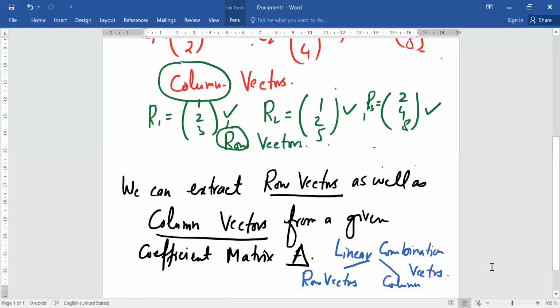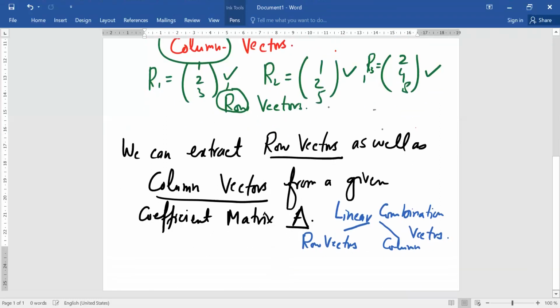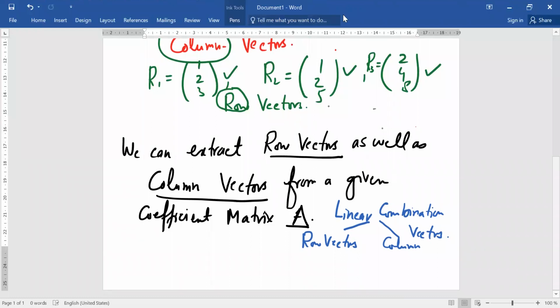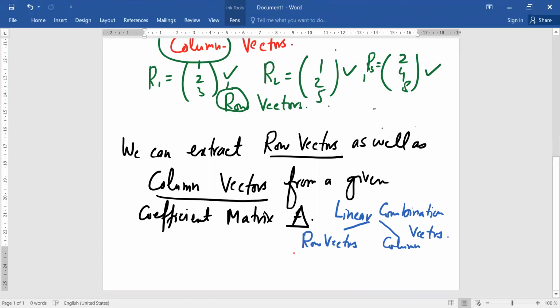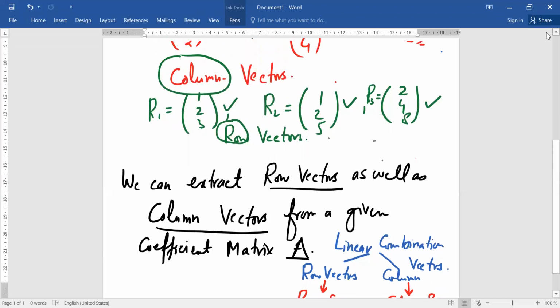So if I make a linear combination of row vectors, I will end up in a row space. So I will form a row space here. And if I do a linear combination of column vectors, then we will end up in the column space. That's how you should look at it when you talk about row space and column space.